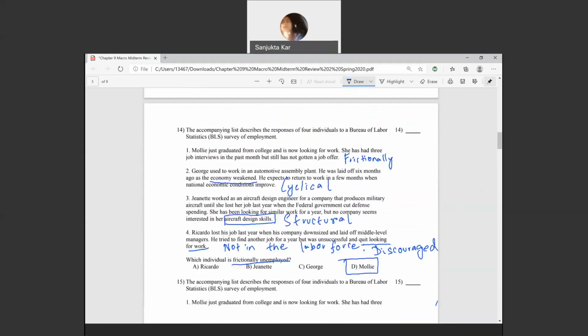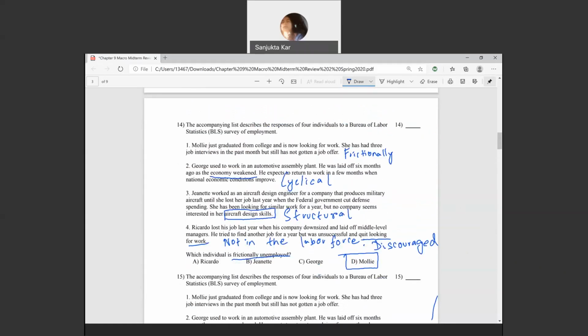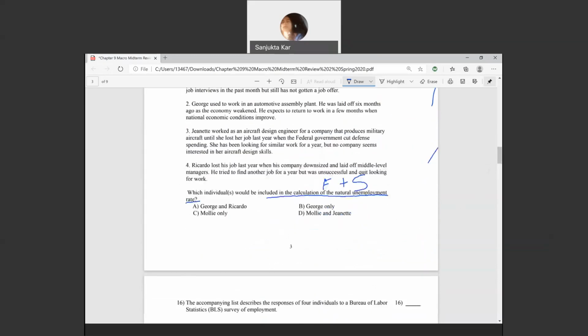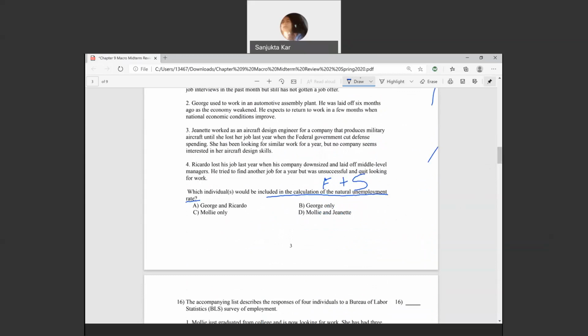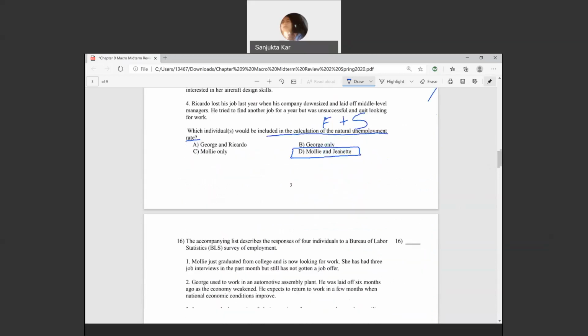Now, going back to where I wrote down the types of unemployment, Molly is frictionally unemployed and Jean is structurally unemployed. So both of them will be included in the calculation of natural rate of unemployment.